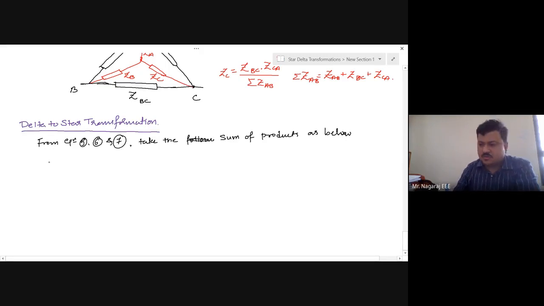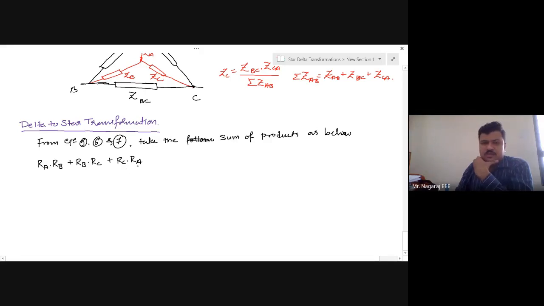Now what is the sum of products? RA into RB, it is not RAB, RA into RB, plus RB into RC, plus RC into RA. Now I should take the sum of products as given: RA into RB plus RB into RC plus RC into RA.